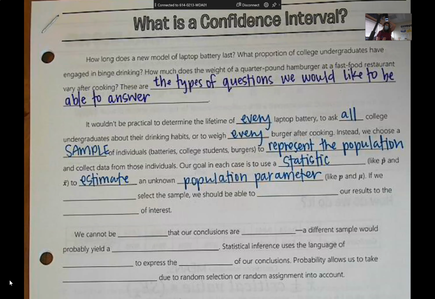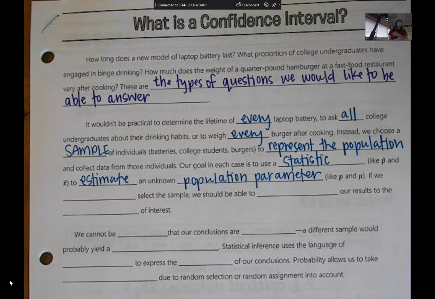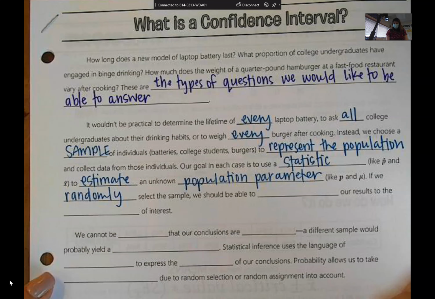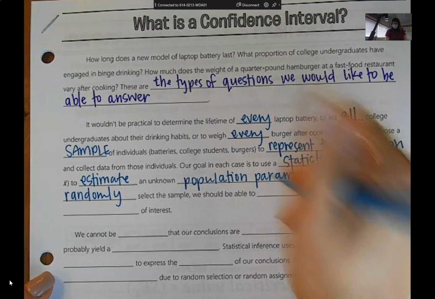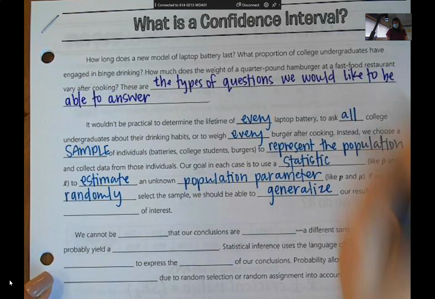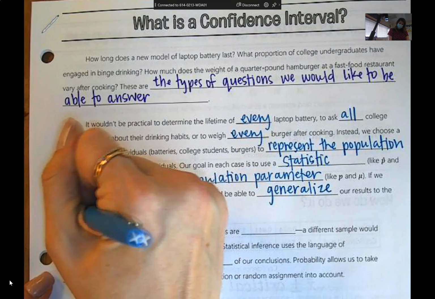So what this is getting at is we are going to use our 100 laptops to estimate the lifetime of the battery for all of the laptops. We can do this. We can take a sample and then use that to estimate the entire population if we randomly select our sample. If we randomly select, we should be able to generalize our results to the population of interest.